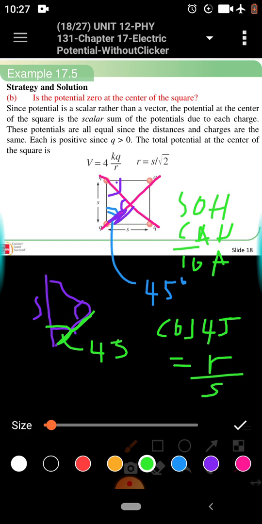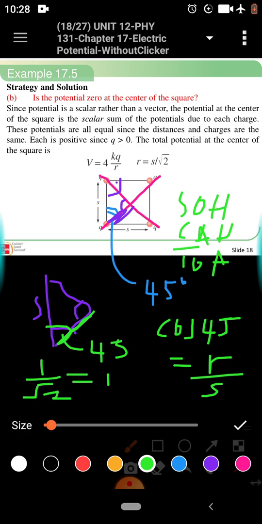Cosine of 45 is 1 over square root of 2.